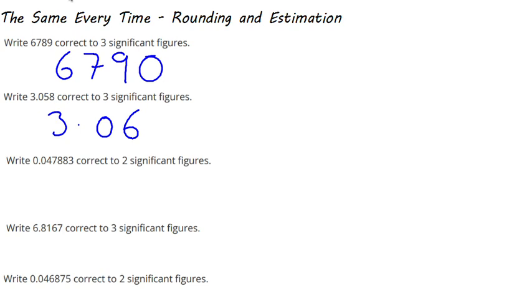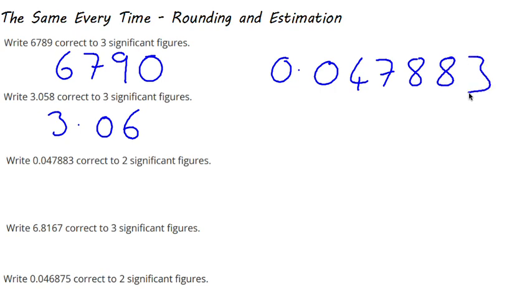So next question, 0.047883, correct to 2 significant figures. So again, we have to ask ourselves, where is the first significant figure? Where is the second significant figure? Remember what I said a moment ago, starting from the left-hand side, the first number that you meet that is not a 0 is the first significant figure.